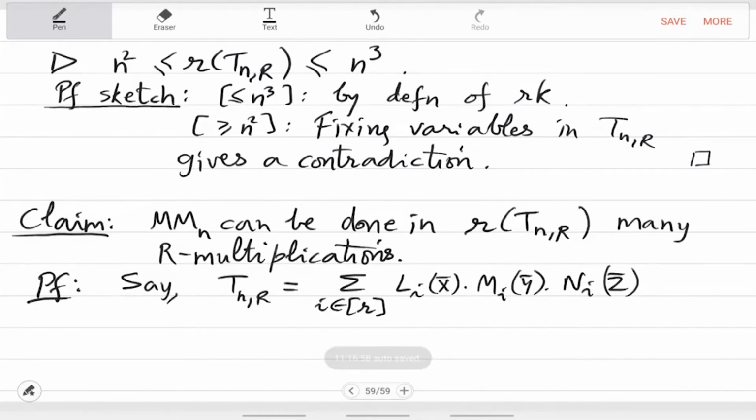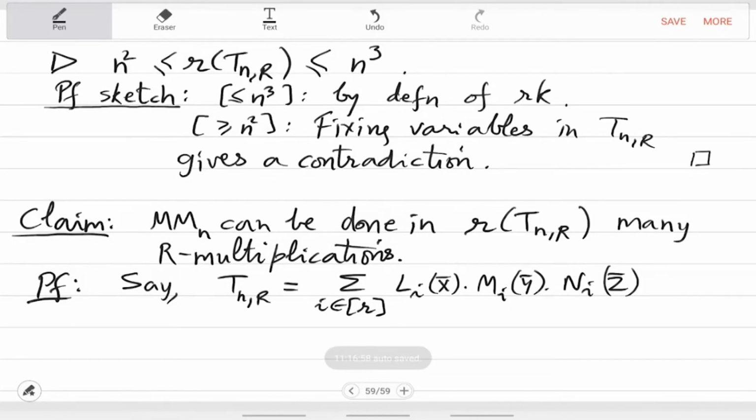So you have kind of Strassen's equations: you multiply R many LiMi, and from those products, a linear combination gives you the first entry of the matrix product.